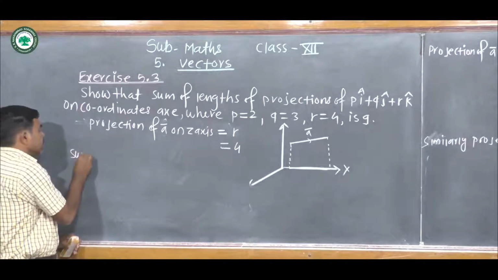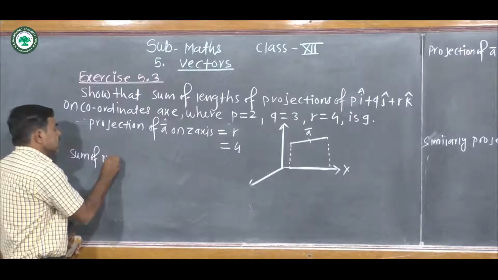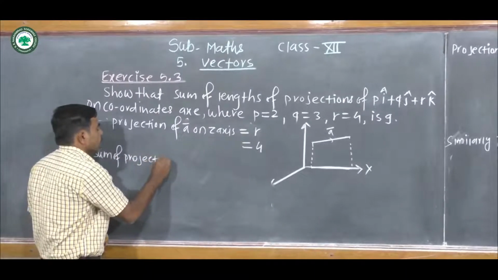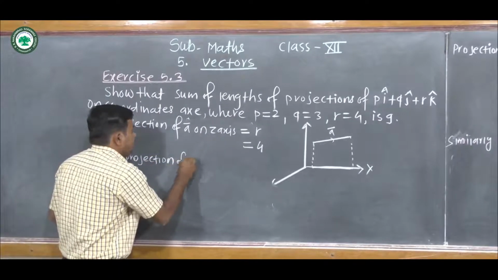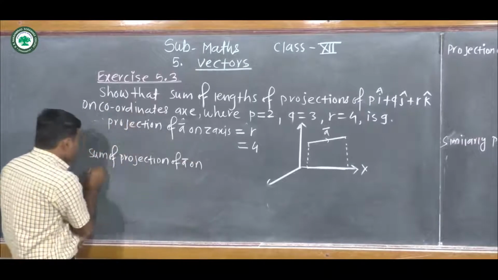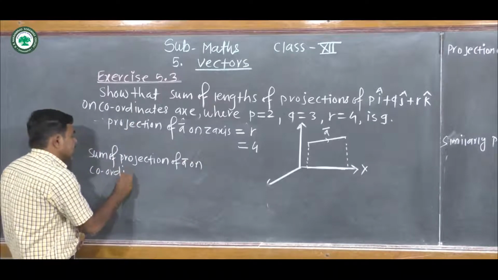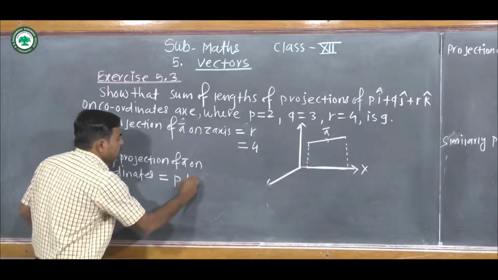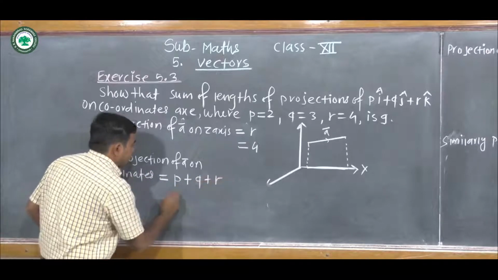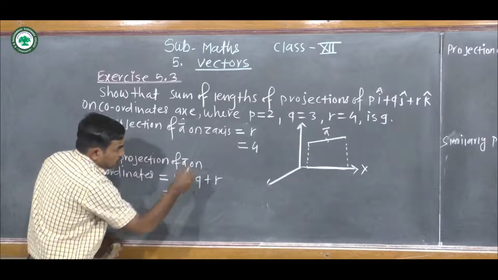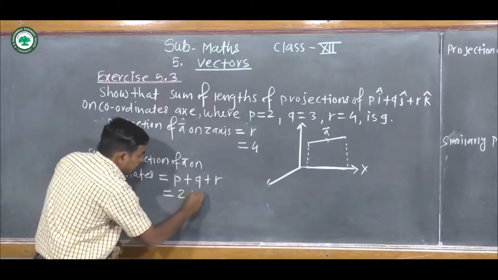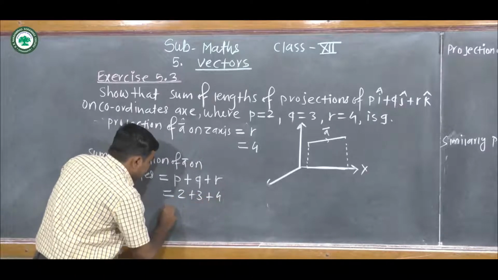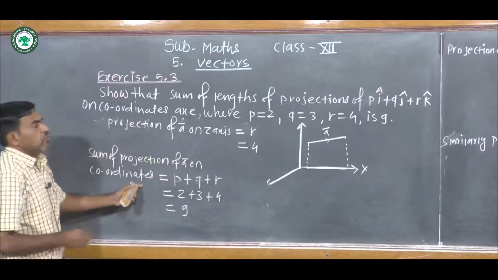Sum of projections of A bar on coordinate axis is equal to P plus Q plus R, that is 2 plus 3 plus 4, and it is equal to 9, and that is what we want to show.